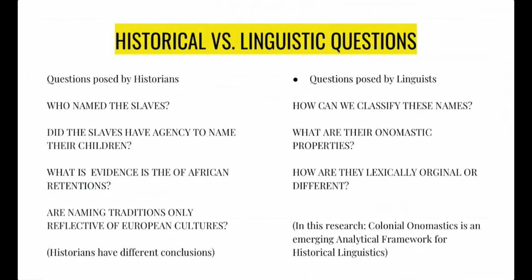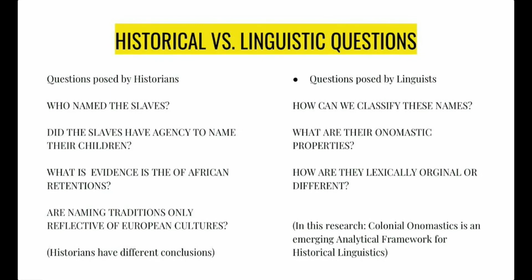So basically, to wrap up, we can compare the historical versus the linguistic questions that we ask for a study like this. Who named the slaves was really what historians worried about. And how can we classify these names or understand their onomastic properties are what linguists worry about.